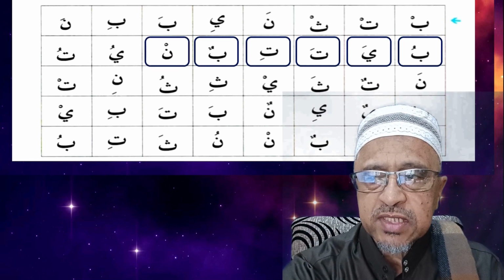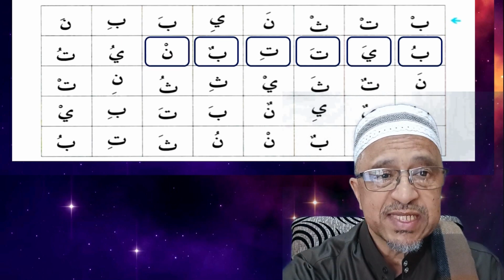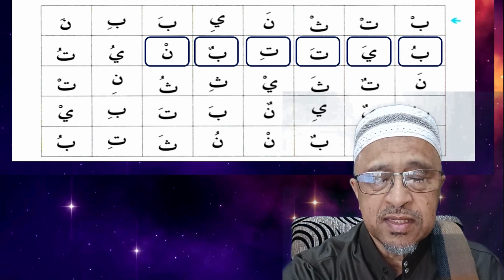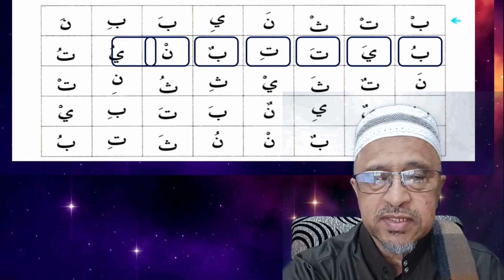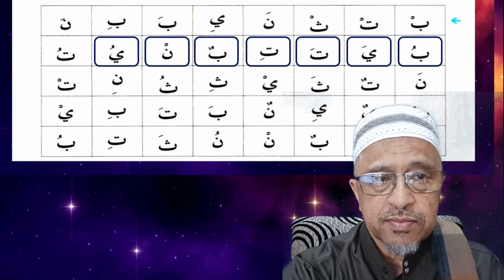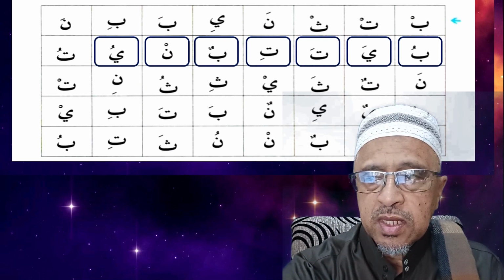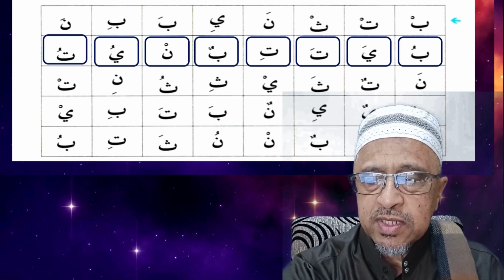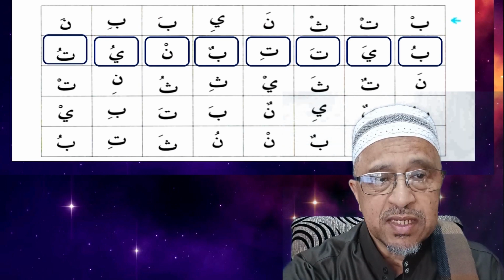Then we have the sixth one, which will be السادس, N. The seventh letter or sound, السابع, is U. And the eighth one, or the last one there, الثامن, which is 2.